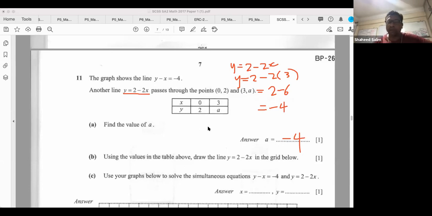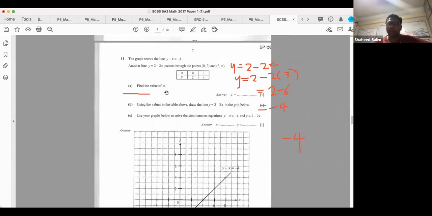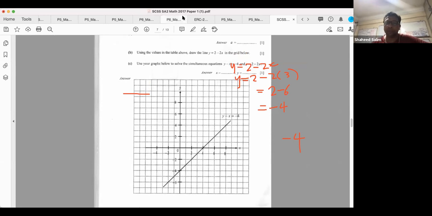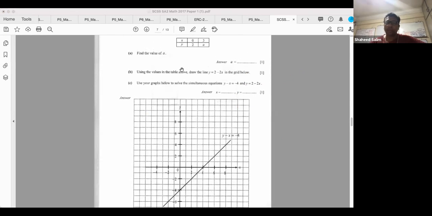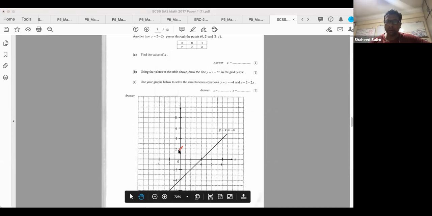Then they ask you, with this value, to draw. So I'm going to draw for you. Now you know that this one is negative 4. Okay, I erase this one first. Now they ask you to put in the values. x is 0, y is 2, so let's see, x 0, y 2 down here.